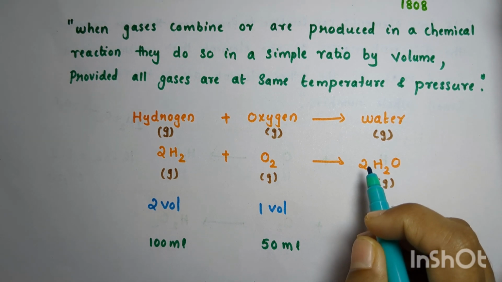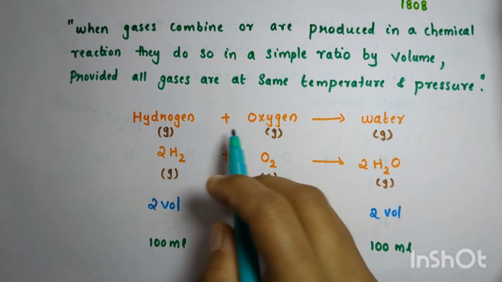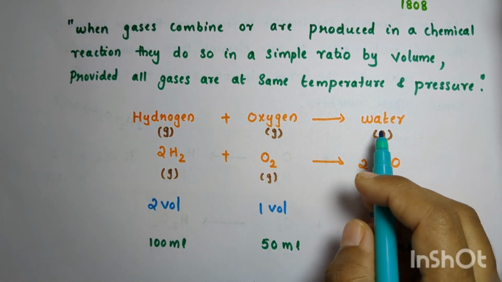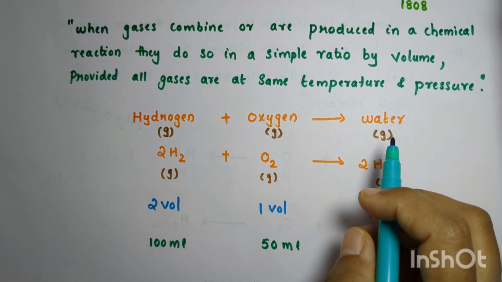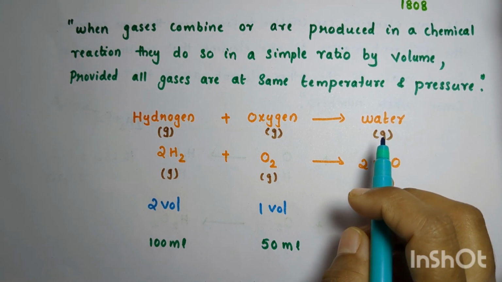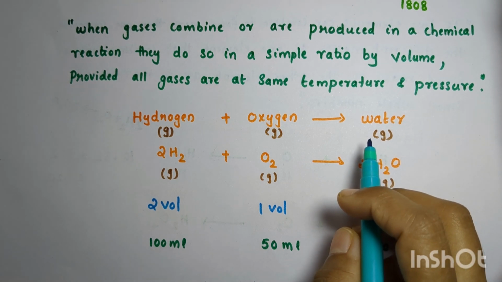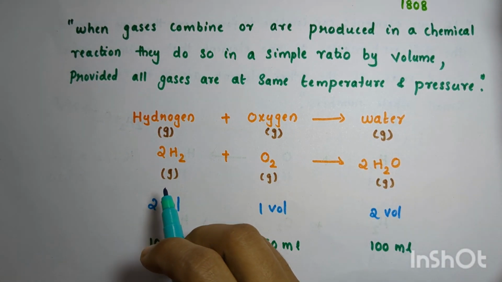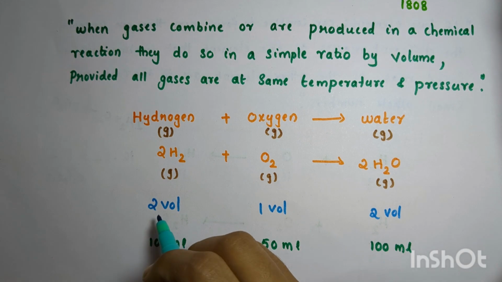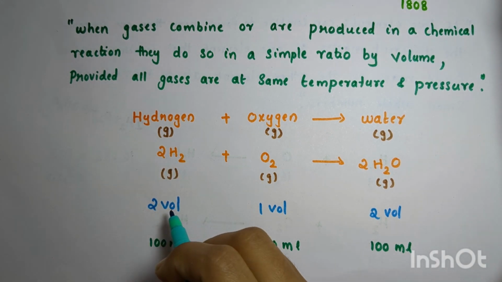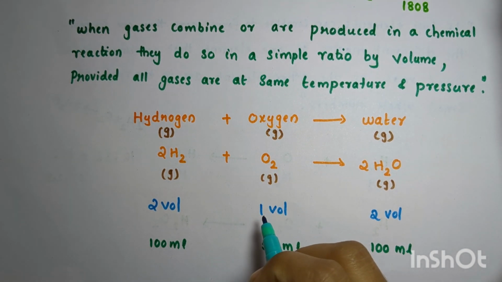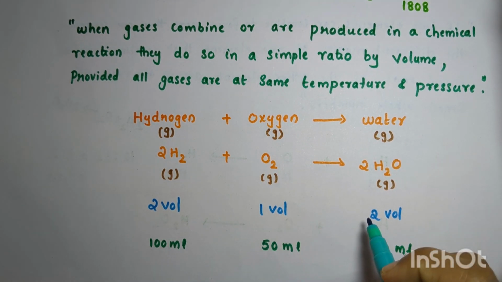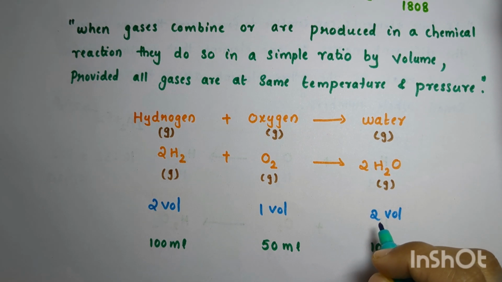When gases combine or are produced in a chemical reaction, they do so in a simple ratio by volume. That means 2 volumes of hydrogen react with 1 volume of oxygen to give 2 volumes of water vapor.